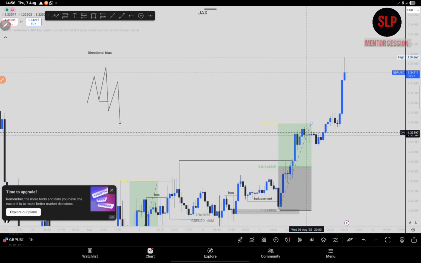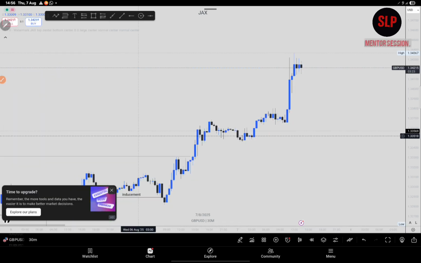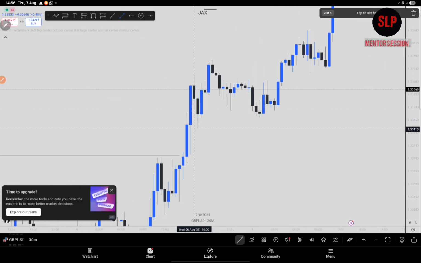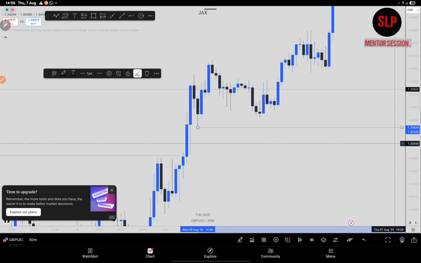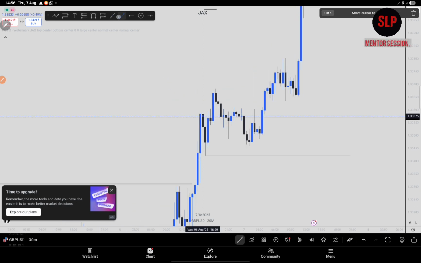So if I go to my 30 minutes, I'll mark out where I was expecting price to take out for me to consider that stuff. I was expecting price to take out this. You can consider this your internal structure, but this one didn't break structure, so I won't consider it.